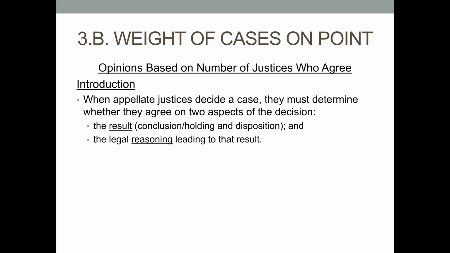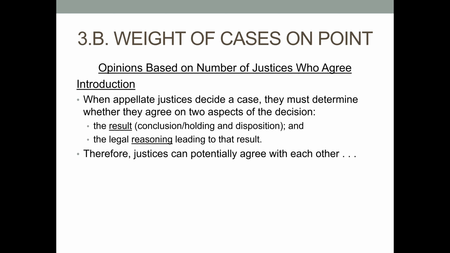Some justices may think that the decision should be affirmed for certain legal reasons, and the other justices may think it should be affirmed for different legal reasons. So they're getting to the same result, but by different legal reasoning tracks. So you have 2 aspects of the decision that the justices on appellate courts have to determine the extent of their agreement on.